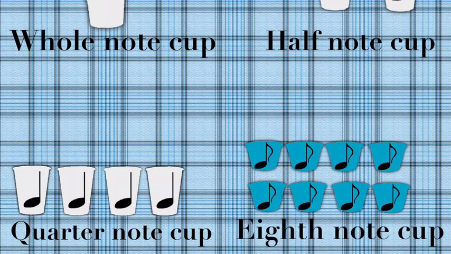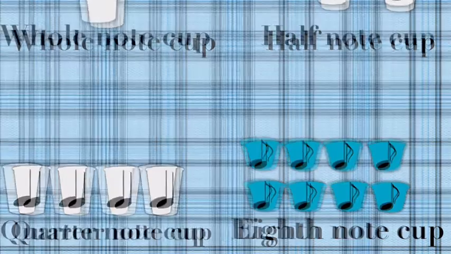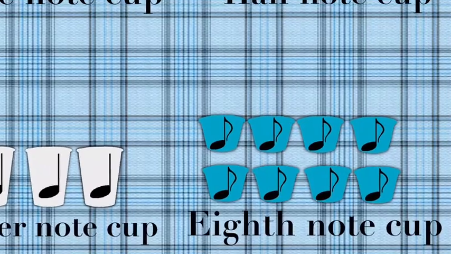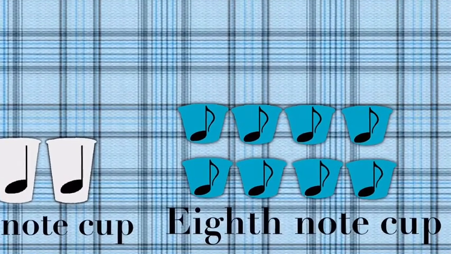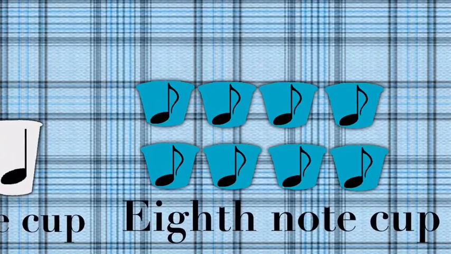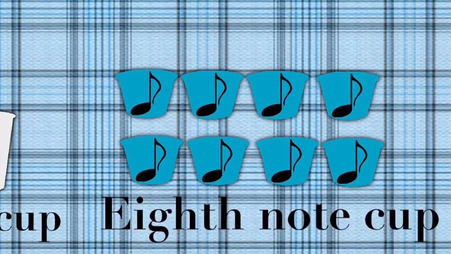That's it. All our cups are empty. Look at that. We filled them up really quick because they're so small. So how many cups did we end up having? We had 1, 2, 3, 4, 5, 6, 7, 8. So we had 8 small little cups.